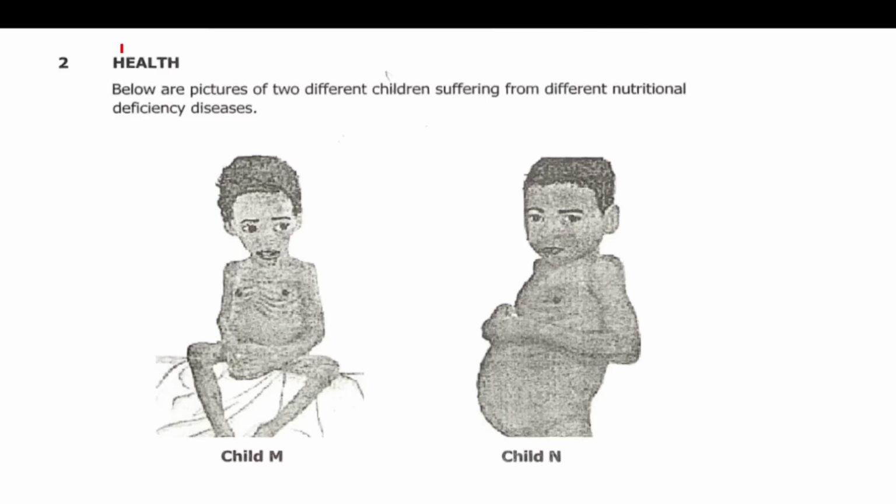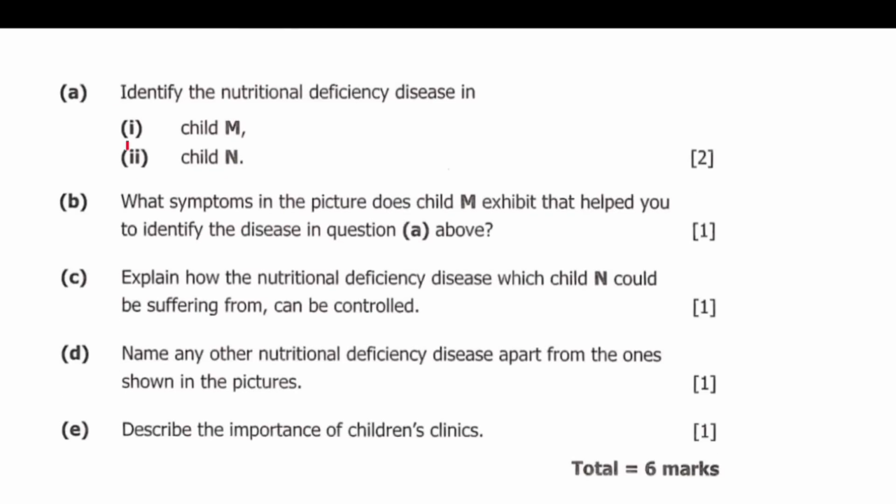Question 2 is on health. Below are pictures of two different children suffering from different nutritional deficiency diseases. We have child M and child N. So here question A says identify the nutritional deficiency disease in 1. Child M, 2.